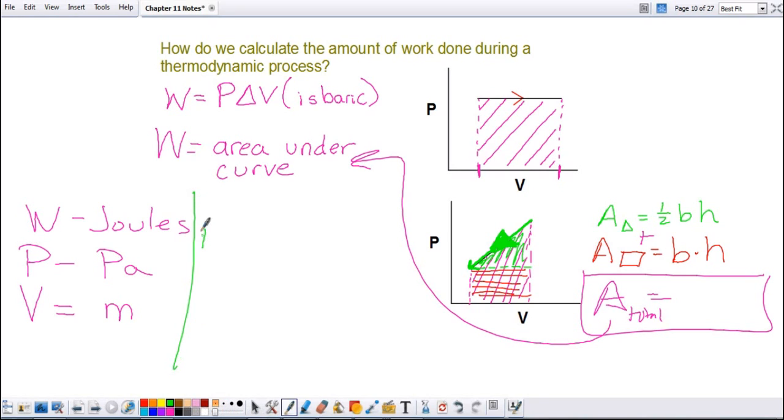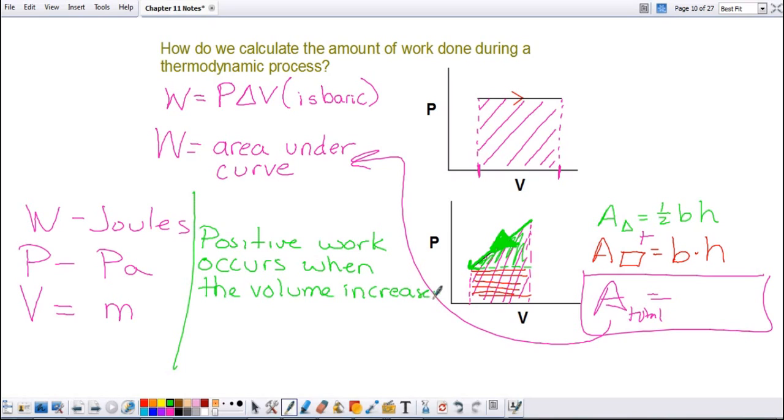So we say positive work occurs when the volume increases. So up here, the arrow is pointing this way. We start here, we end here, volume's increasing. That's positive work.